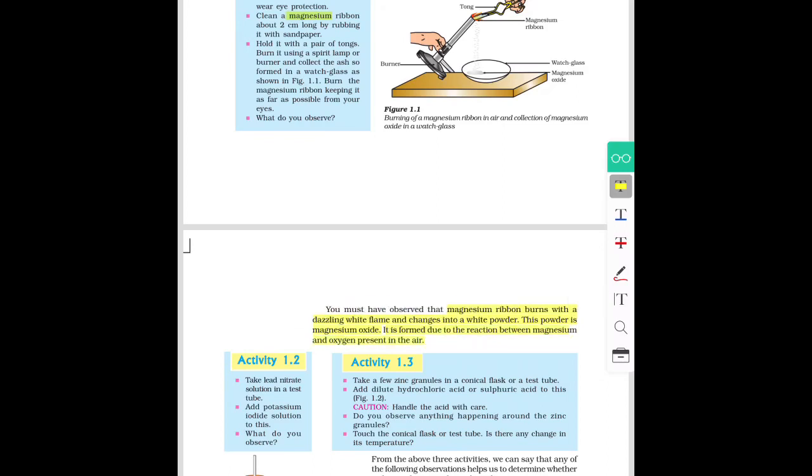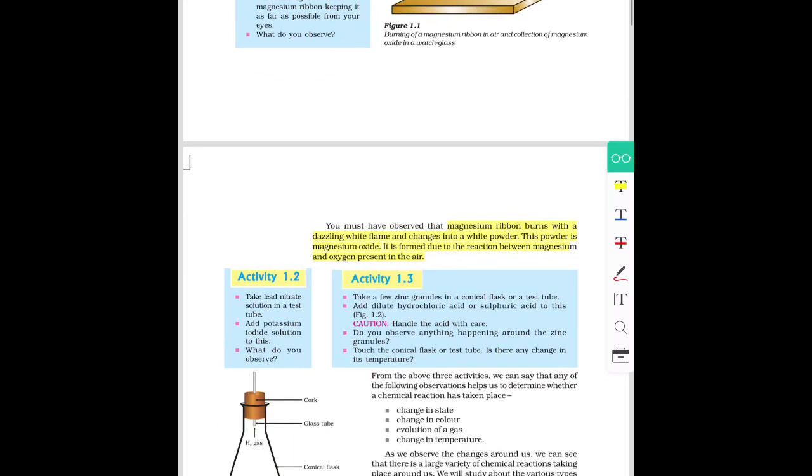Here we will study further in the chapter how chemical reactions are represented symbolically. These are word equations, which are just describing an event which is a chemical change. Let us see one more example in activity 1.2.